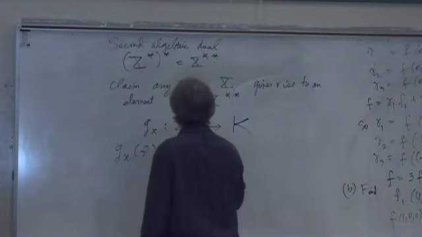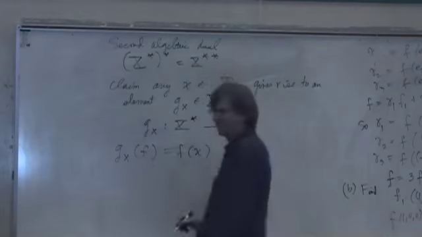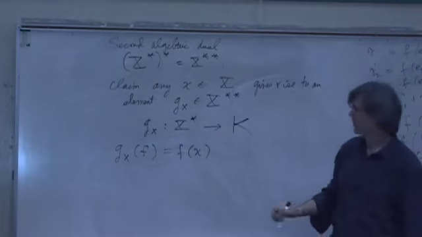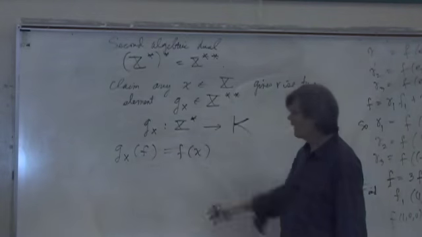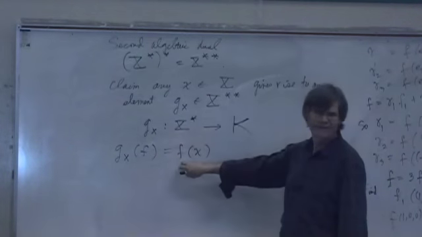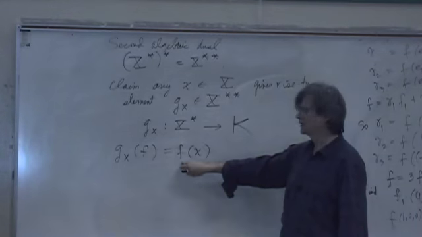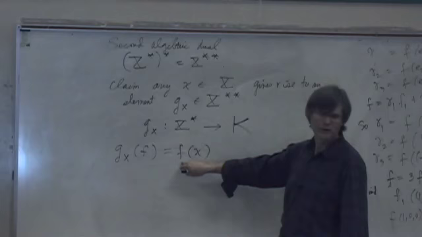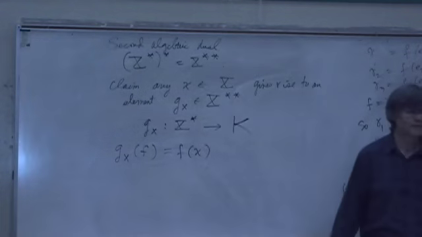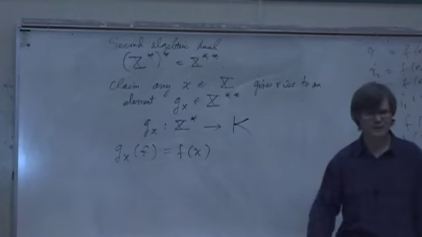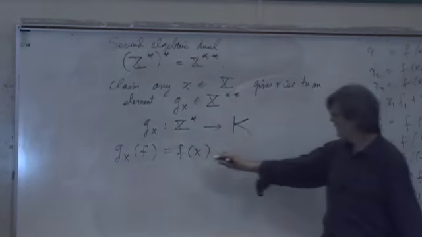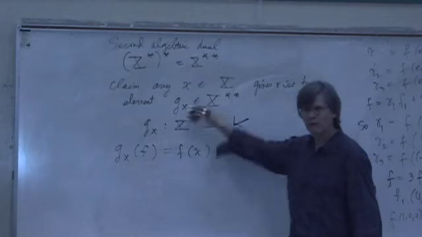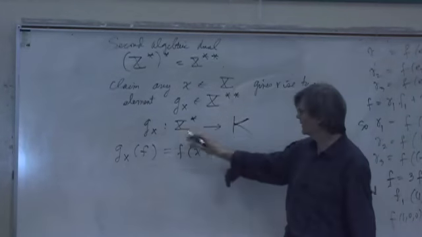Well, this is the formula that's simply going to be f of x. In other words, you fix x as a domain value and let f run. And that gives you an element of the second dual. It's a function of f. So you can see the duality coming in there now. You fix the little x and you let f run over all possible functionals in x star. That's a linear functional.